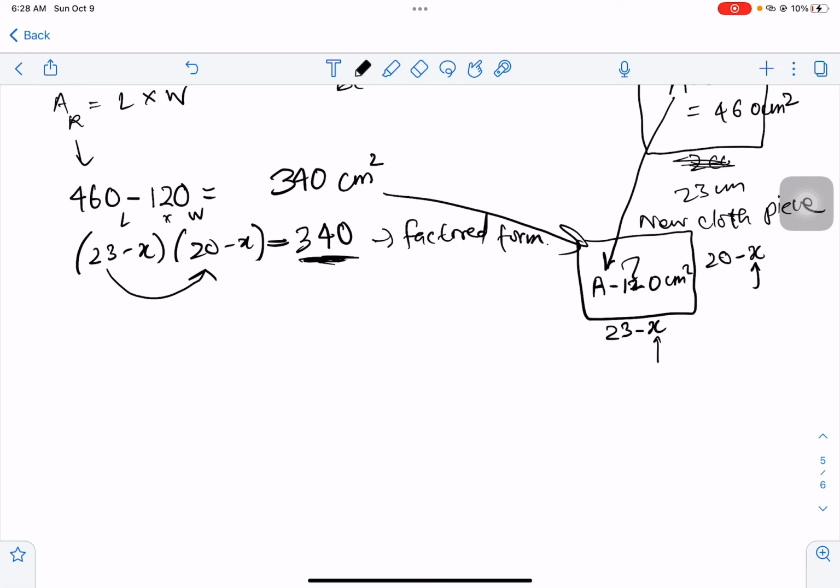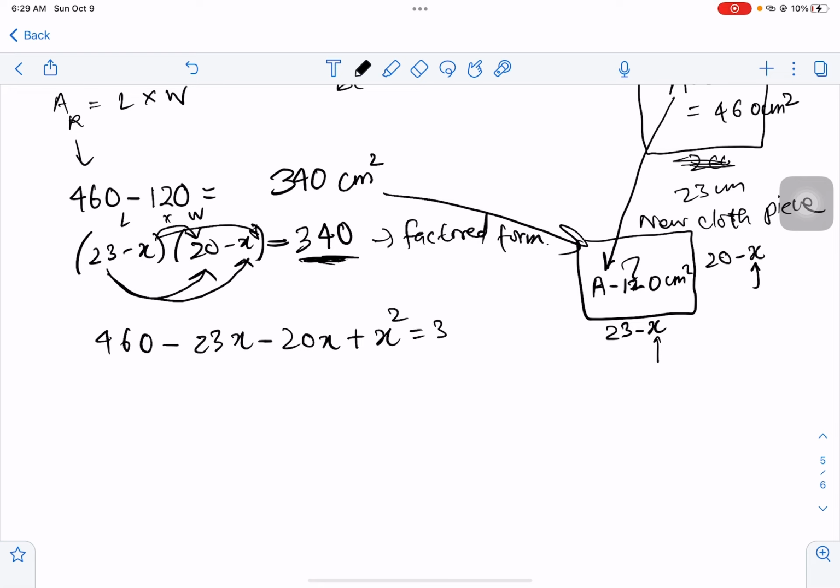So first term and first, you are getting 460. First term and second, multiply the sign as well, so positive times negative is negative 23x. Now second term and the first, so negative 20x. Remember the negative sign as well. Negative times negative is positive x square, equals 340.